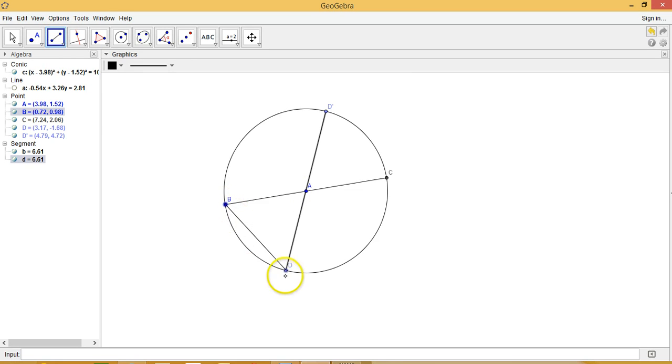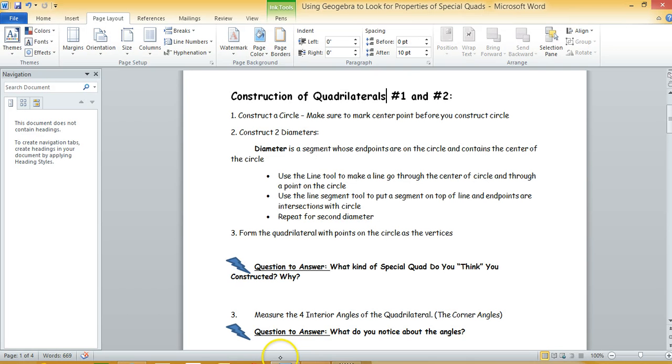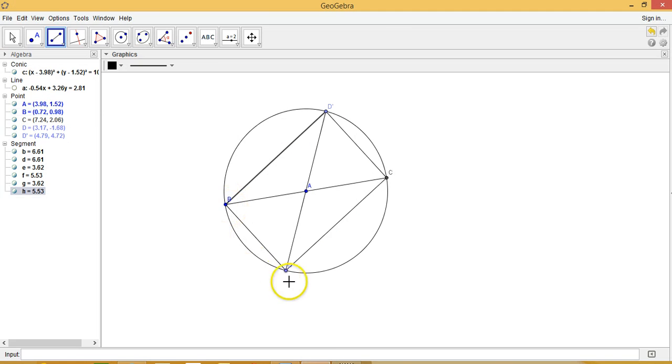Now our quadrilateral is this guy. The main question here is, what kind of special quad do you think you constructed and why? I would say it looks like a rectangle. And why? Let's take a look at these angles right here.